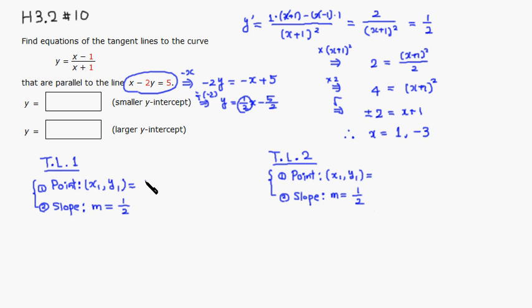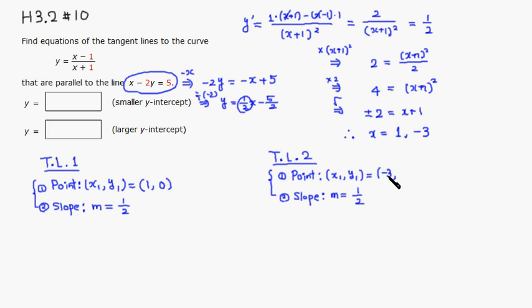For this one, I'll use 1, and for this one, I'll use negative 3. Then we can find the corresponding y value. So we plug 1 into the original function. You can see that 1 minus 1 is 0, so the corresponding y value is 0 for that one.